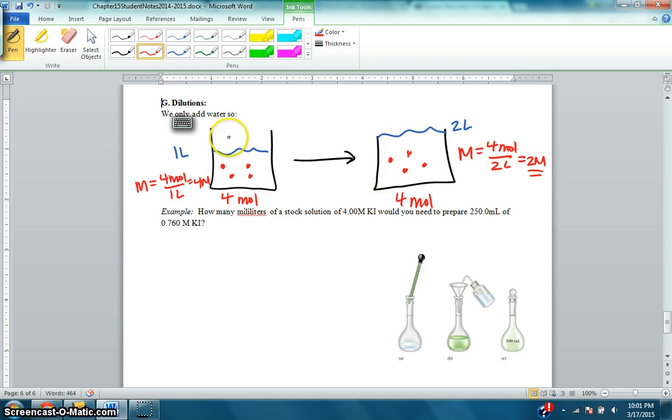So since when we're doing a dilution, we're only adding water, it's going to decrease the molarity because you have the same number of moles in a higher volume.